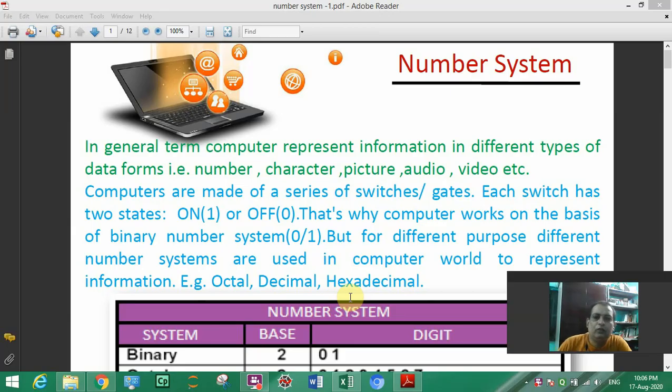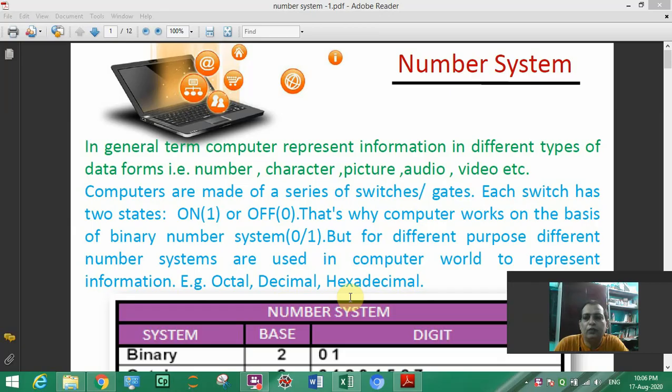So we are studying about computer system, computer science, and computer works on different types of data: different types of characters, numbers, pictures, audio, video.